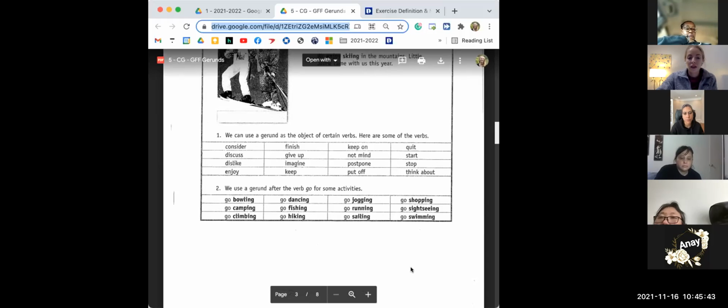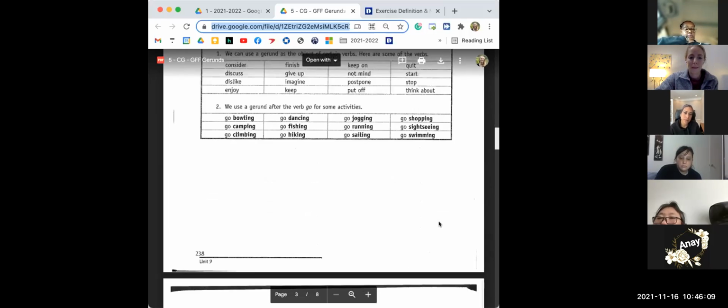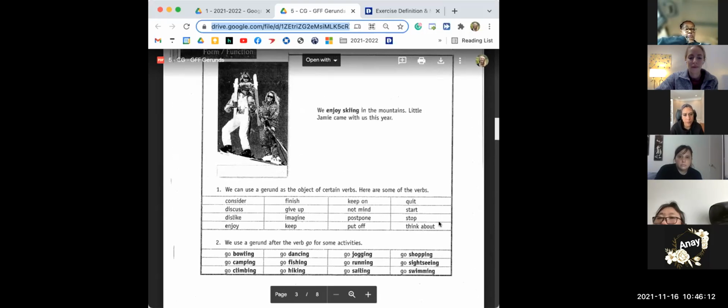We also use the gerund after the verb go for these activities, like go bowling, go camping, go hiking, go jogging, go swimming. When the main verb of the sentence is go, we'll follow with the activity in the gerund form. In these sentences here, we have this activity with the verb go, but not the verb do.